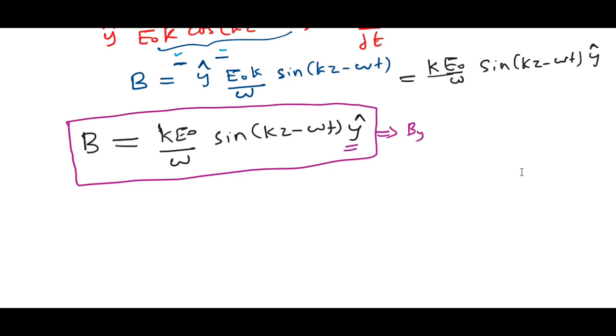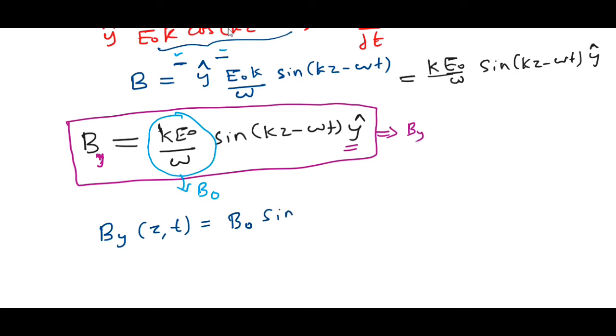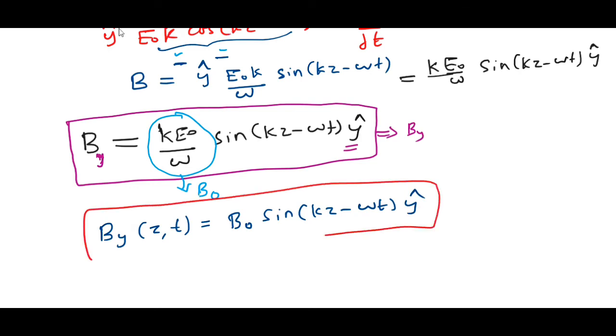This By is nothing but the magnetic field along the y direction. If I write this term as B0, therefore the expression can be written in this way: By traveling along the z direction is equal to B0 sin(kz − ωt), where this B0 is equal to k E0 by ω.